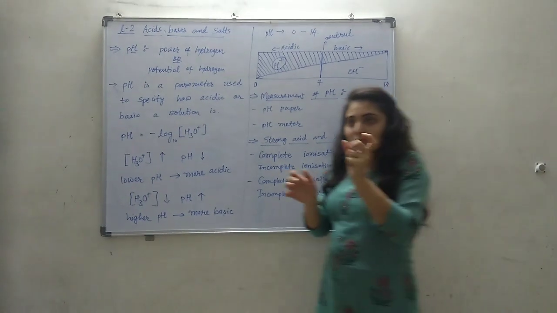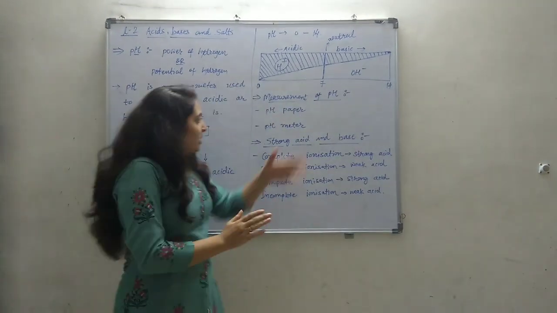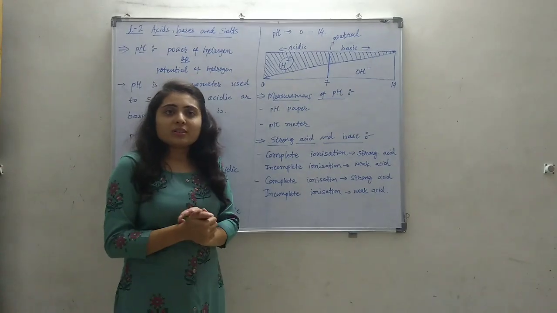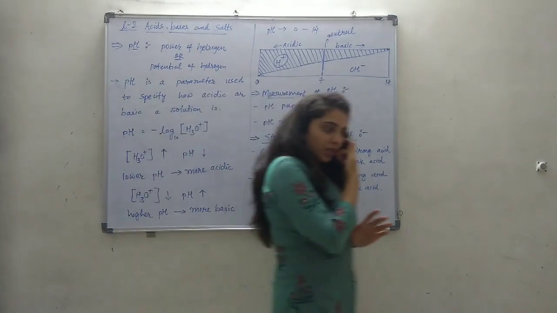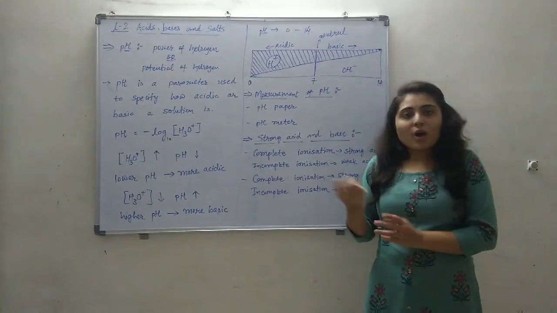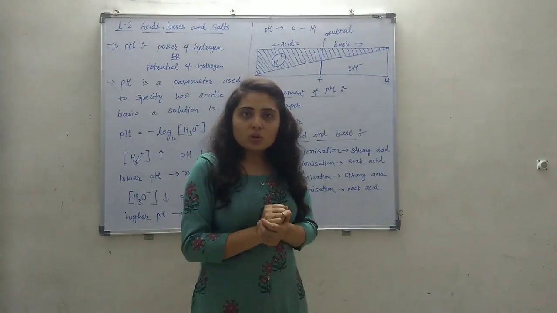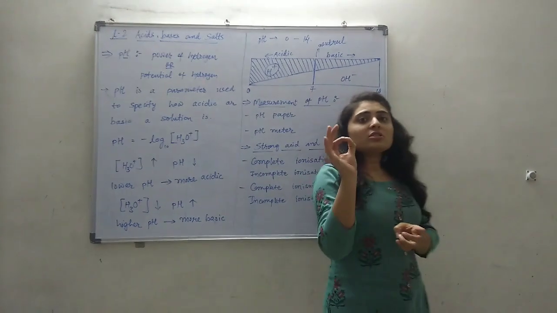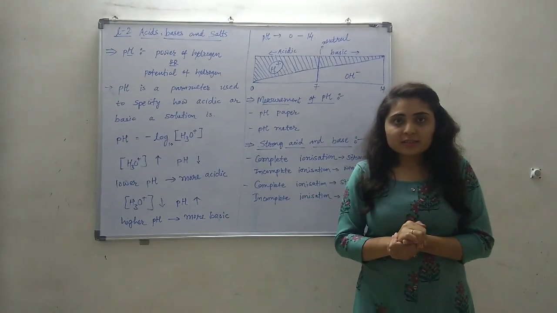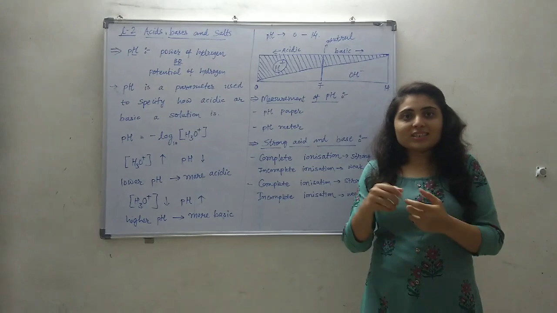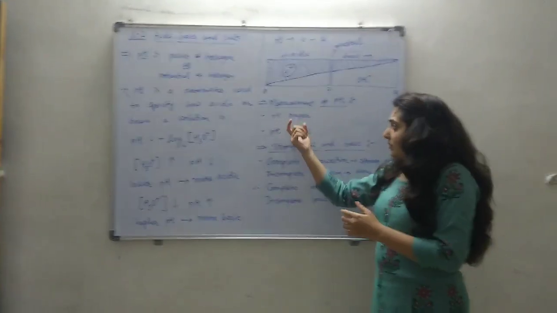But if we want a more exact value of pH, pH paper gives the idea. The pH paper is a white paper. If we dip it into any solution, depending on the strength of the acidic or basic solution, it gives a color.